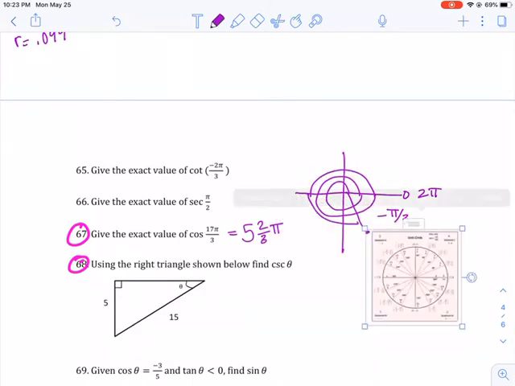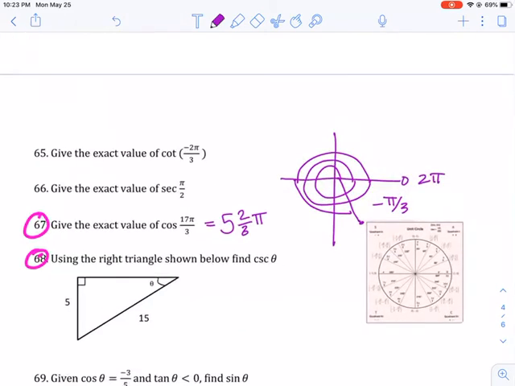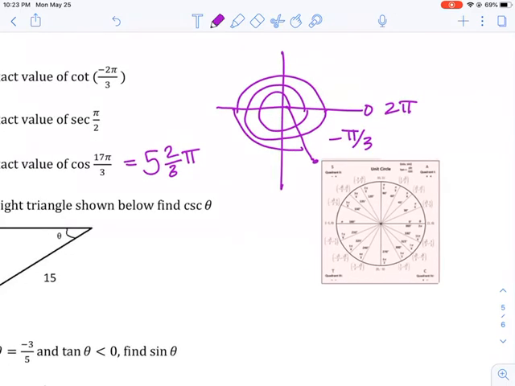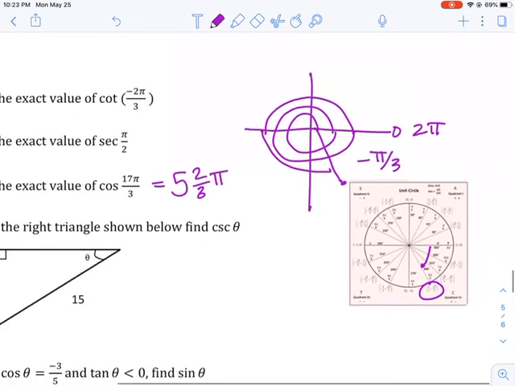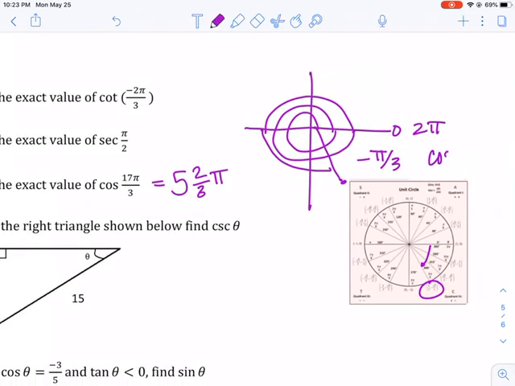I tell him no. Okay, so negative 1/3 pi is going to be this here. Okay, so 1/2, negative rad 3 over 2, and you're looking for cosine. So our cosine is our x coordinate, so your cosine would be 1/2.